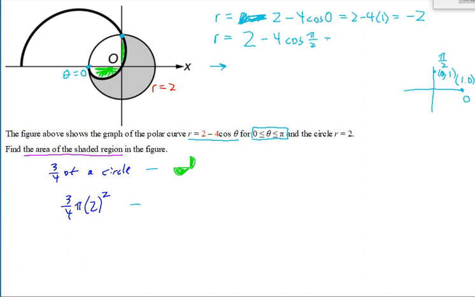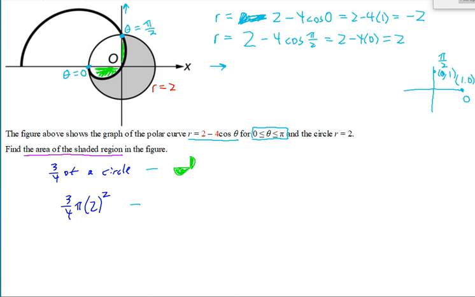So this would be 2 minus 4 times 0, just 2 minus 0, which gives you 2. So pi over 2 is this direction, straight up from the origin, and 2 takes you again right here, because we know it's on the circle. So in this case, to get these two regions, notice it starts at 0, that gives you up until here. We could find what this is, but it's the same curve, so we don't need to split it up, and go all the way to pi over 2.